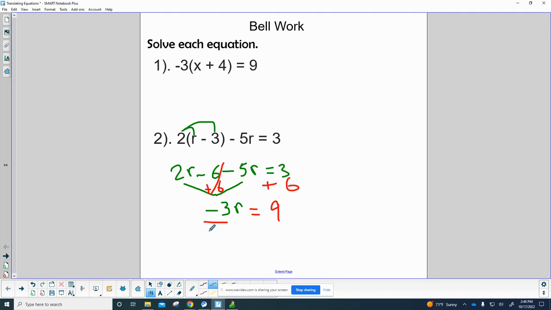Now we're going to divide both sides by negative 3. And that gives us a final value of r equals negative 3. So there's our second bell work problem, multi-step equation.